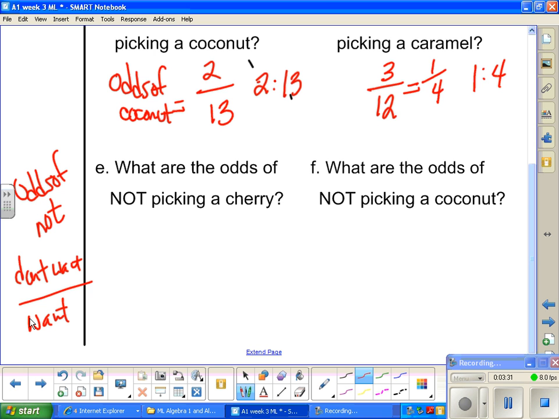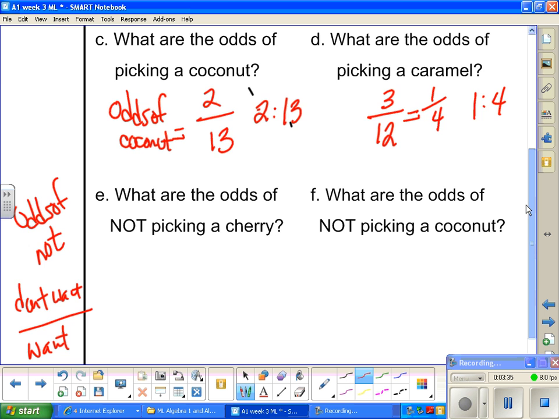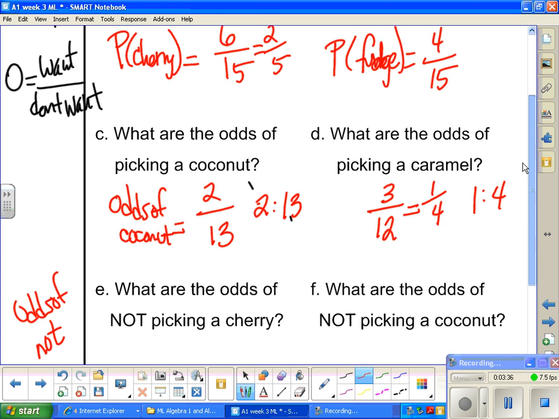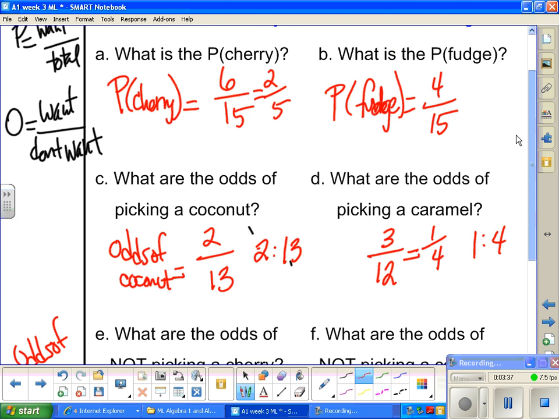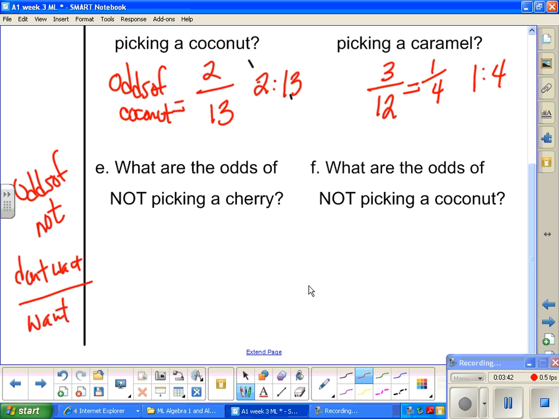So how many cherries are there? There's 6 cherries. So you would say 15 minus 6, which is 9. So these are the ones you don't want, and then what you have left over is 6. So it's just a flip. It's the opposite of if you wanted to pick a cherry.